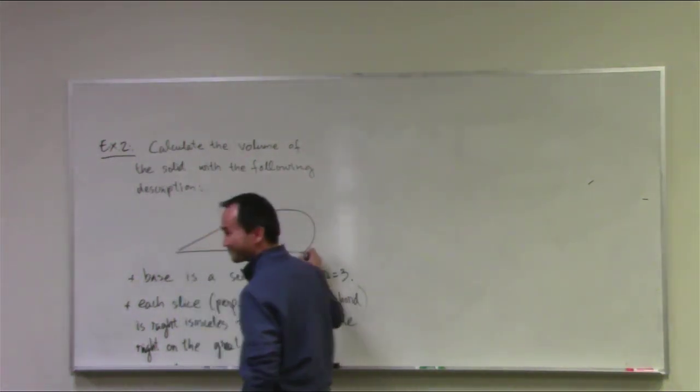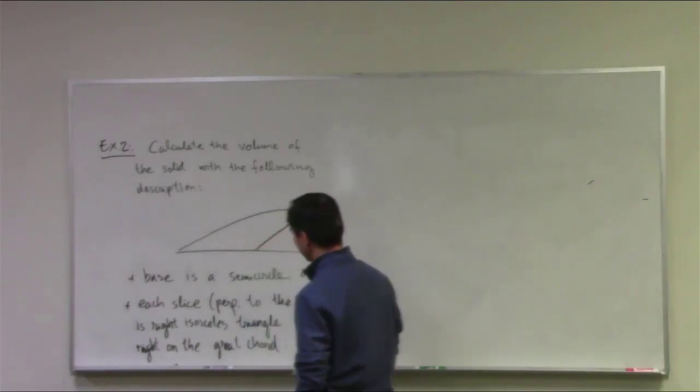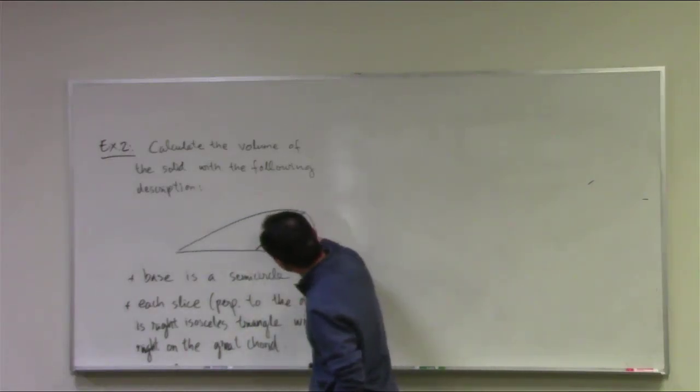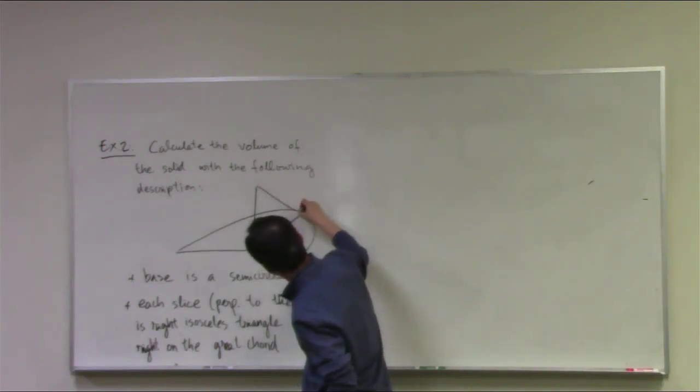All the slices are perpendicular to the base, just like that. Then on each slice, we draw a standing up right isosceles triangle. See what I'm saying now?